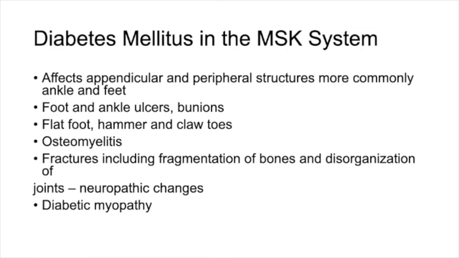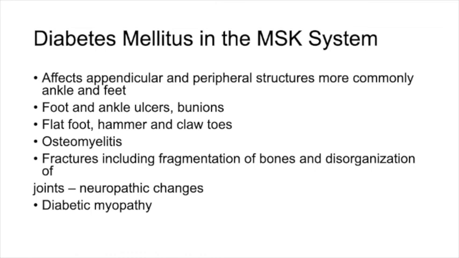Then let's move on, and we have arrived at this very important disease, diabetes mellitus, in the musculoskeletal system. This disease is very important for its repercussion in society. We have a lot of patients here, not only in Ghana or Africa, it's around the world. Diabetes mellitus affects appendicular and peripheral structures, more commonly the ankle and feet.